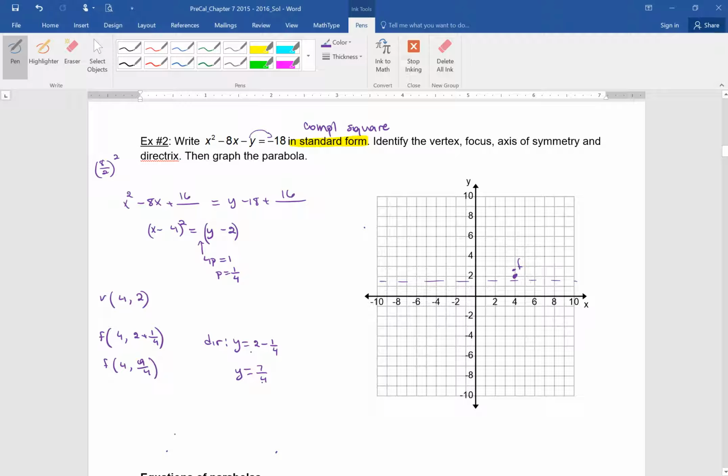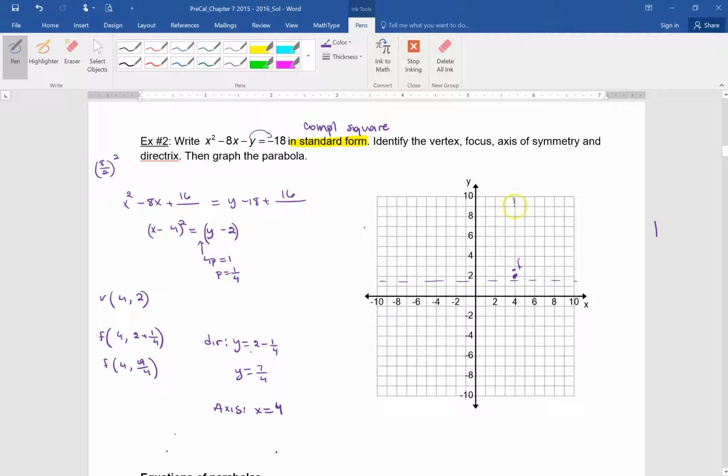Now, where is the axis of symmetry? 2 isn't enough. X equals 4. Now, if this is y equals something, then the axis has to be x equals something. They're perpendicular to each other. And if it's x equals something, well, x has to equal the vertex. Okay?